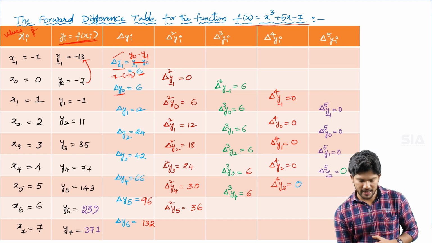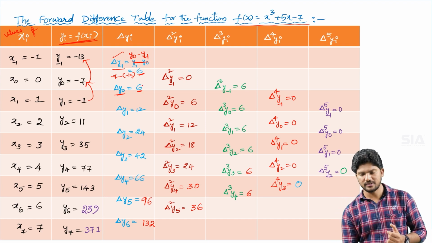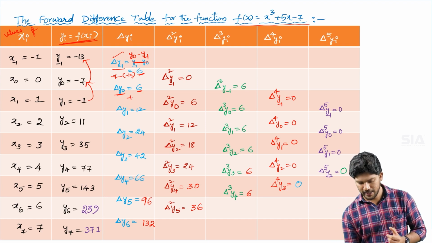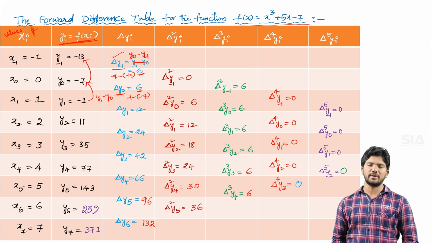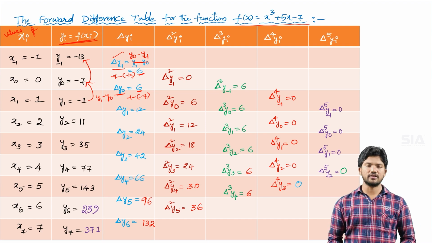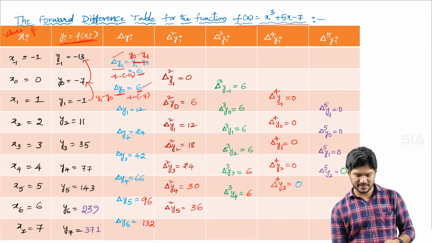Next, delta y0. Delta y0 is equal to 6. How can you get it? -1 minus of -7, that is y1 minus y0. What is the y1 value? -1. Minus the y0 value, -7. -1 plus 7 is equal to +6.